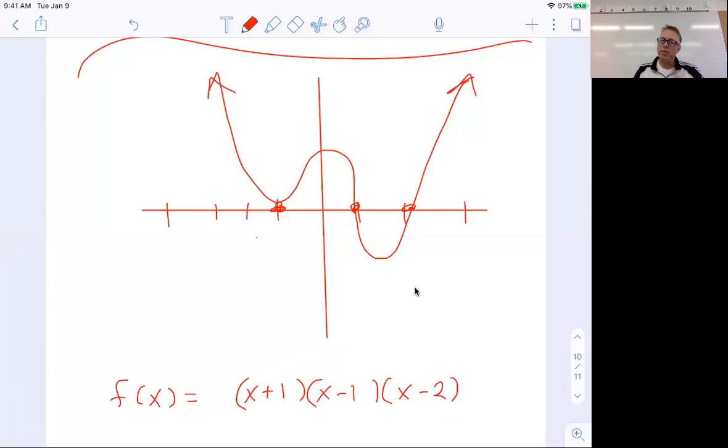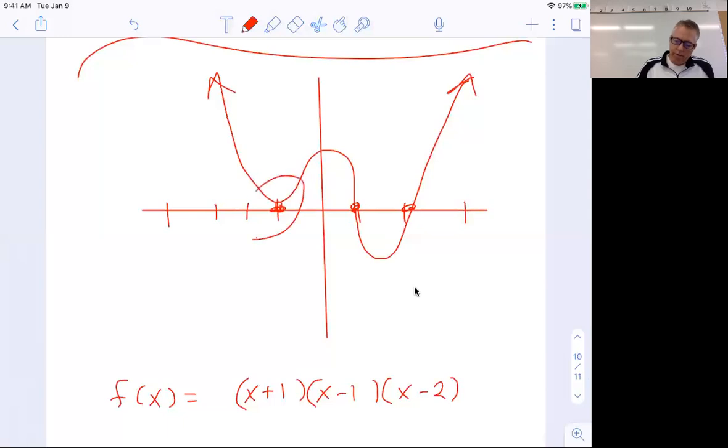But I see a little bit of a problem here. If I multiply x times x times x, that's x to the third, which is an odd number, which means my ends should be headed in different directions, but they're not. So I have to have an even function. Here's how that happens. All right, so don't miss this, because this is a big one that can drive you crazy if you don't get this point.